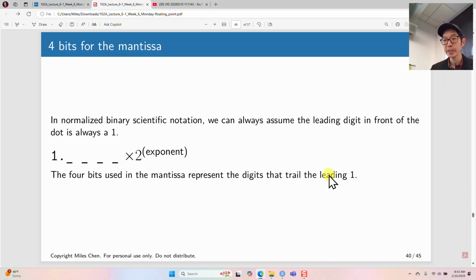Okay, and then the remaining bits are for the mantissa. We always assume there's a leading 1, so the 4 remaining bits will fill in 1 point blank, blank, blank, blank times 2 to the exponent. All right, so the 4 bits that we store for the mantissa go fill in these spots right here.